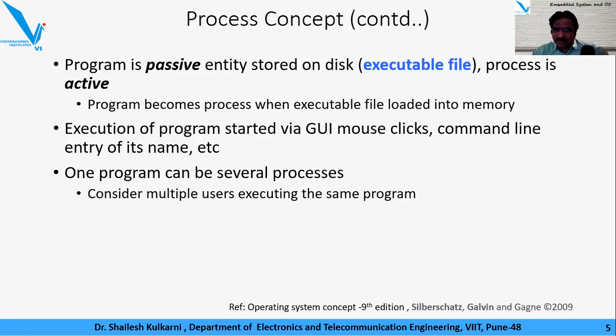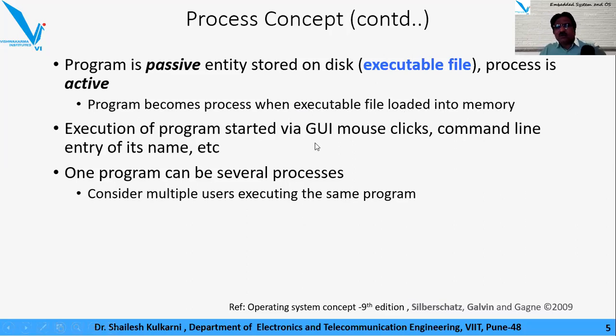And that is what is very interestingly written, that a program is a passive entity stored on the disk while the process is an active one, because a program becomes a process when the executable file is loaded into memory. And what is that executable file all about? It is all about the references that the memory section would give to the scheduler in order to get it executed. And what all those references are, we are going to understand from the task control block. Okay, so it's as simple as this.